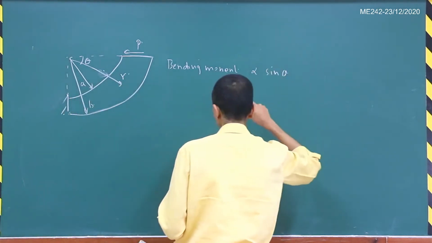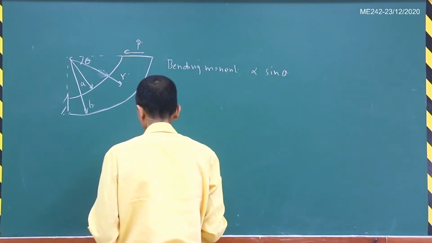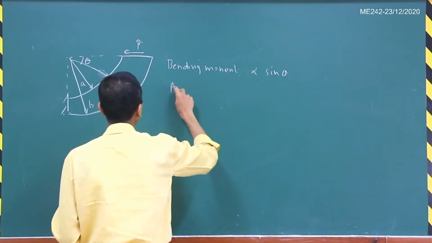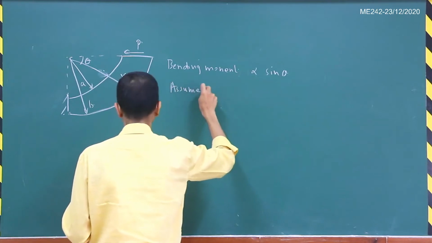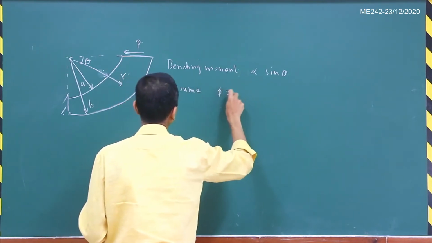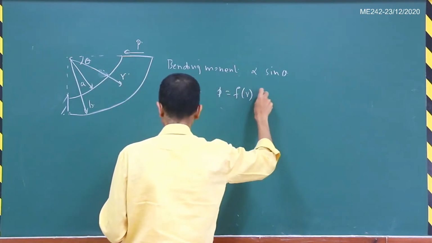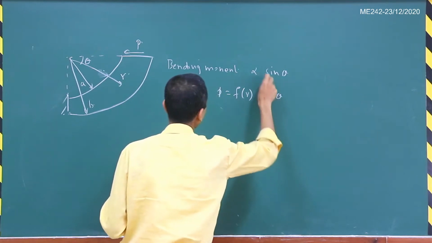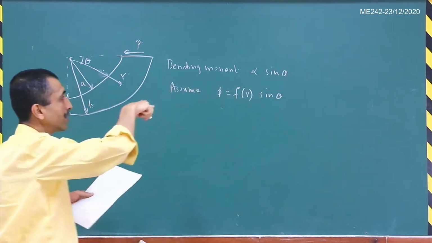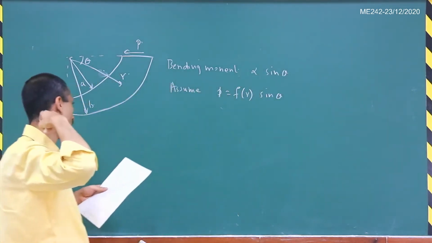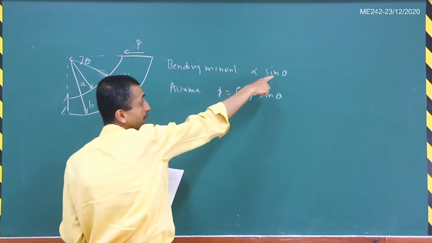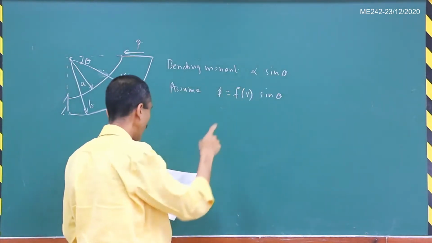Okay? And so based on this, assume that your phi field is equal to f of r times sine theta. Based on this particular thing, because these stresses will come out such that they will provide this particular bending moment here. So that we will see.